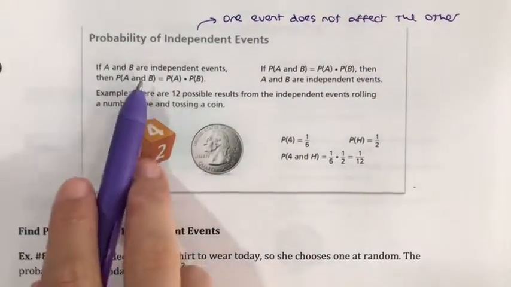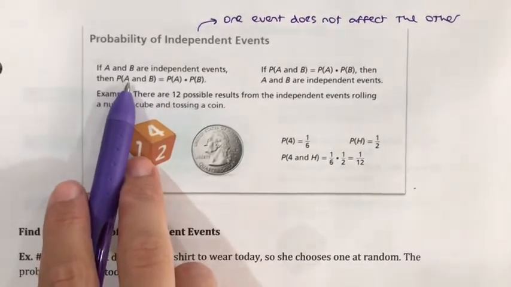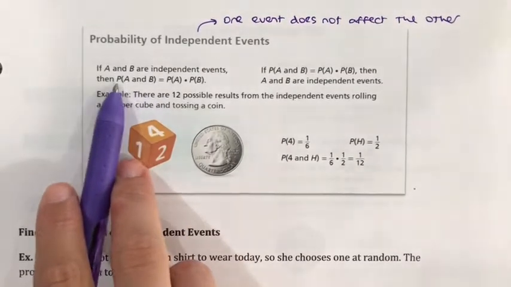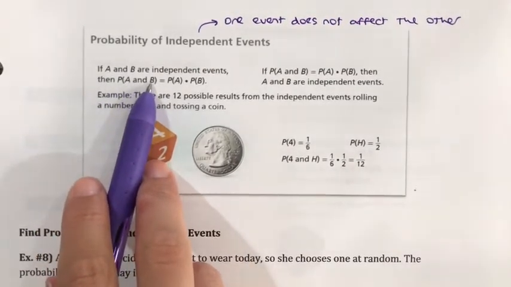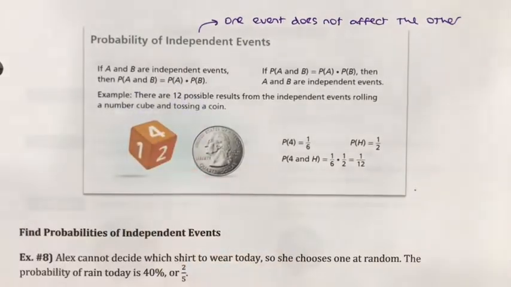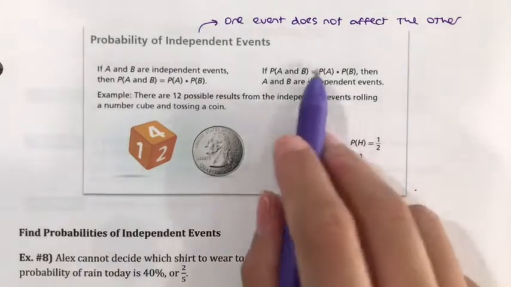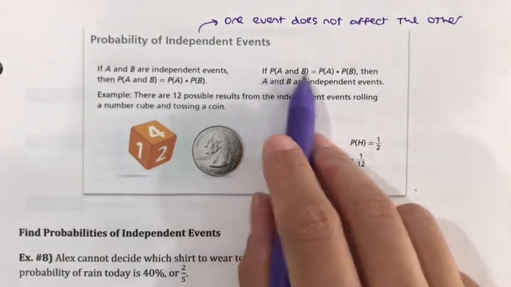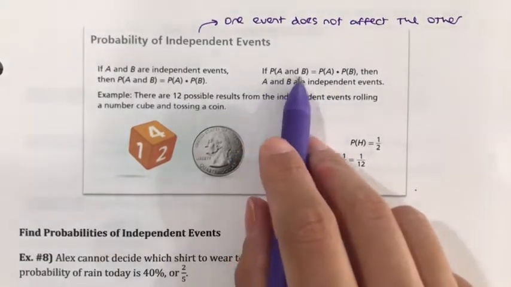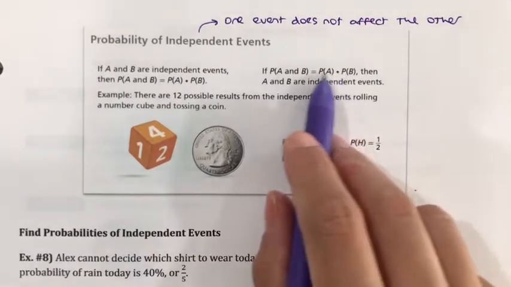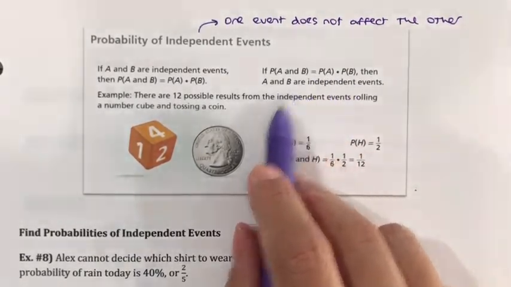If we can find the probability of both things happening, so probability of A and B, by multiplying the two probabilities. Likewise, if the probability of two events is equal to the product of the individuals, if you multiply the two, that means that they're independent.